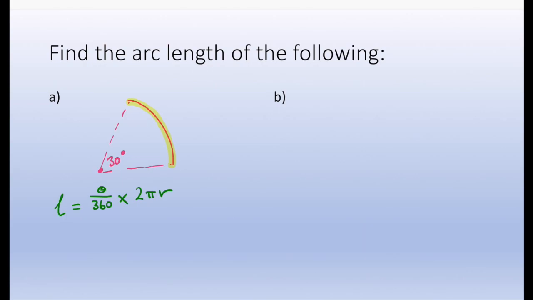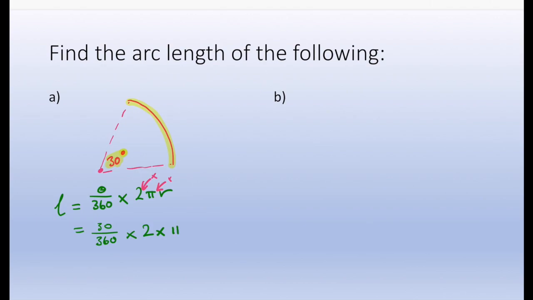One thing to give away the angle is that little thing there. So the angle's 30. So in our calculator, we're going to go 30 over 360, and then multiply it by 2. I know that in between the 2 and the pi and the r there are times signs that mathematicians are too lazy to write, so I'm going to write them in myself.